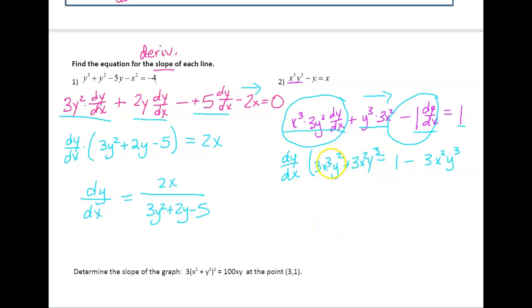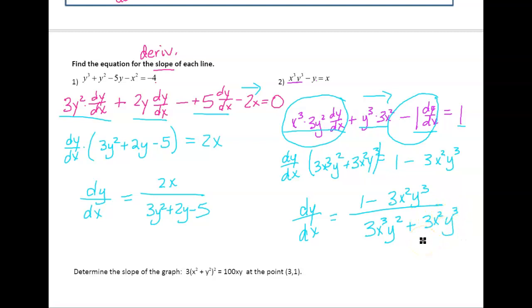I forgot a 3 here. Okay. So to get dy dx alone, we'll divide. This stays on top, and this goes in the bottom. We can common factor, but you typically won't see it on implicit derivatives.